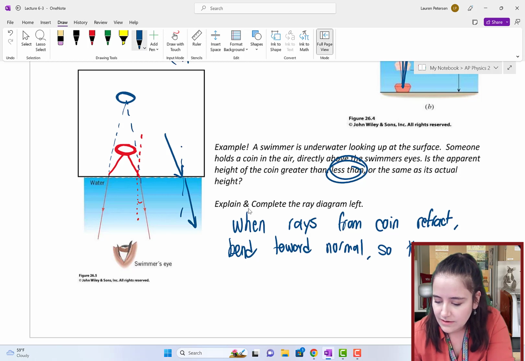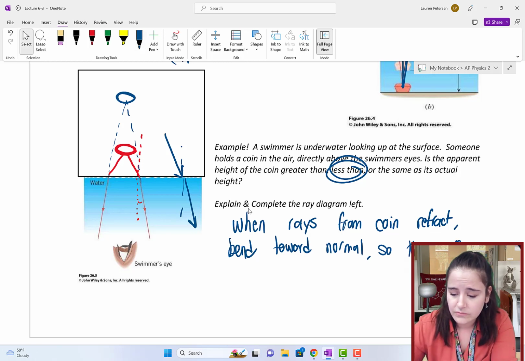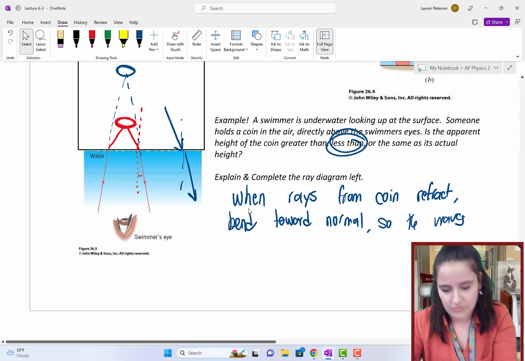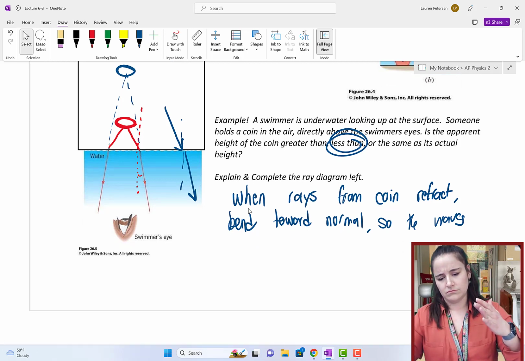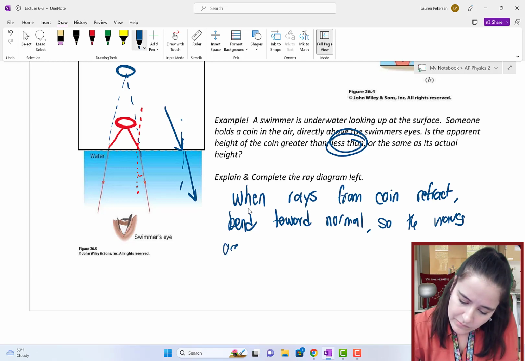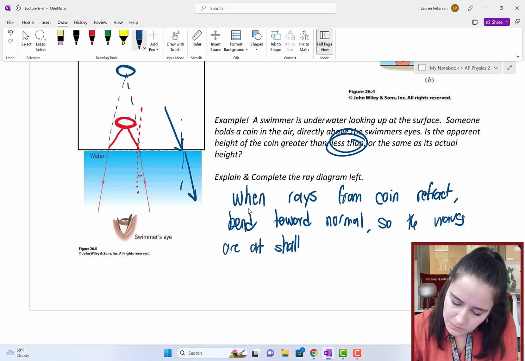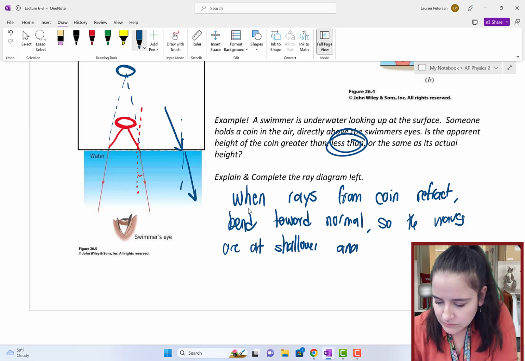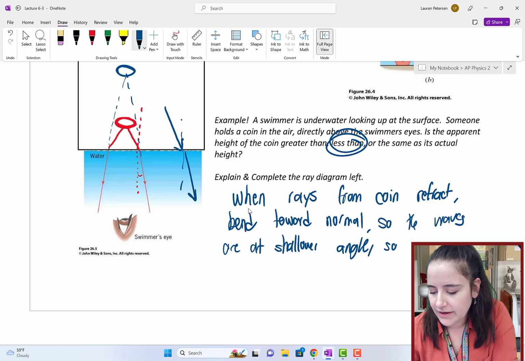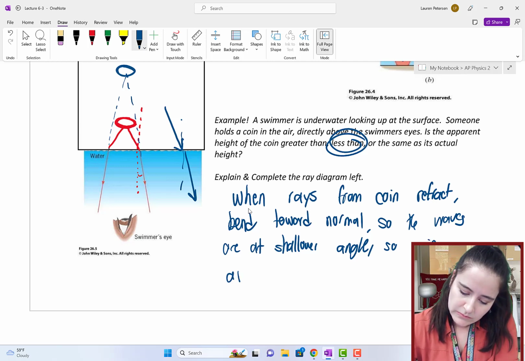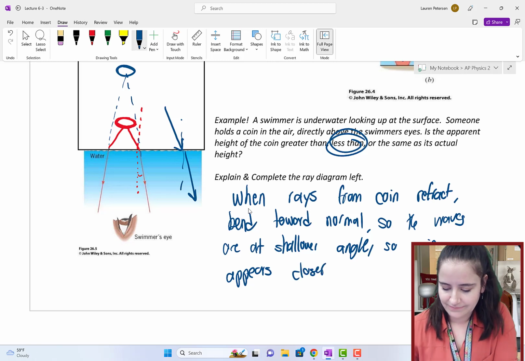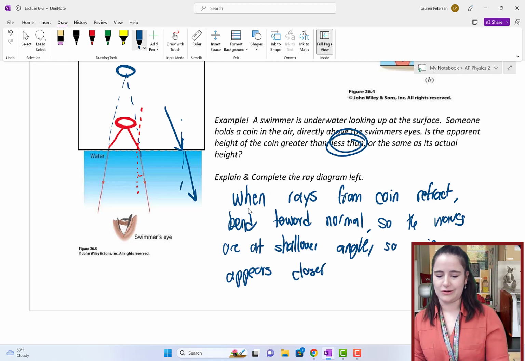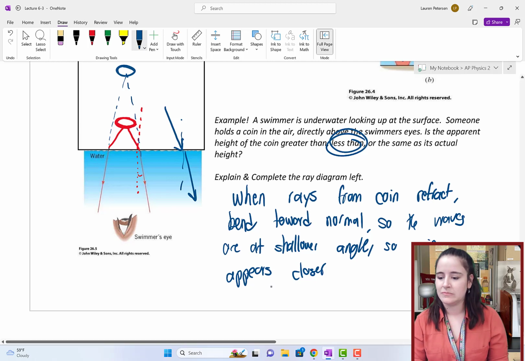So the waves are closer together. They're coming toward the normal, so they're at a shallower angle. So the coin appears closer. Okay, the coin will appear closer than it actually is.